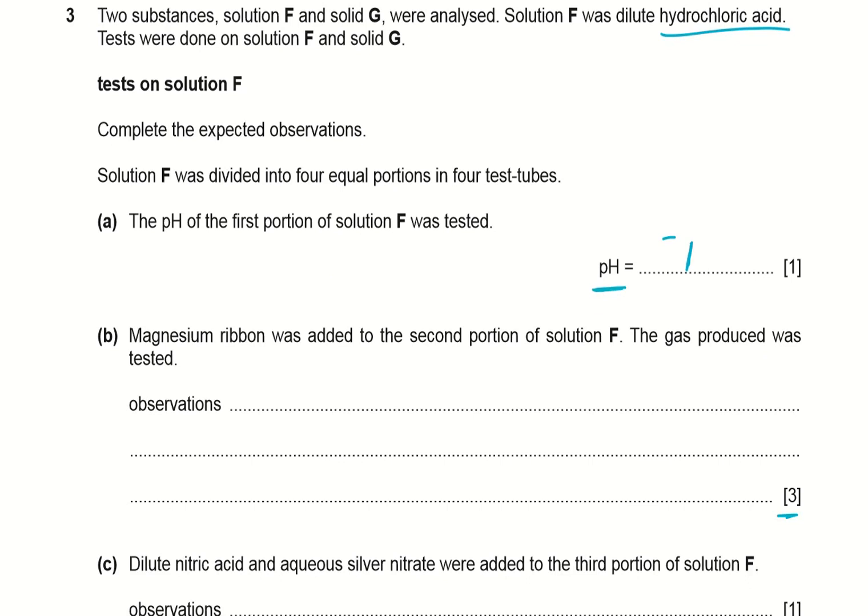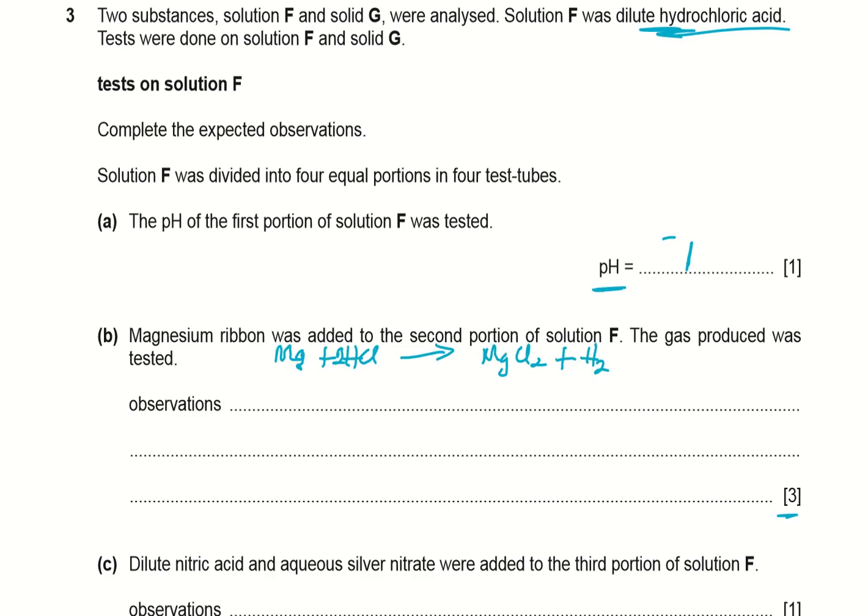Now you have magnesium with solution F. Don't forget that solution F is hydrochloric acid. So this is a reaction between magnesium plus hydrochloric acid. You're not supposed to write the equation. I'm just showing it so that you know the underlying chemistry behind this question. Magnesium chloride will be formed plus hydrogen gas will be released.